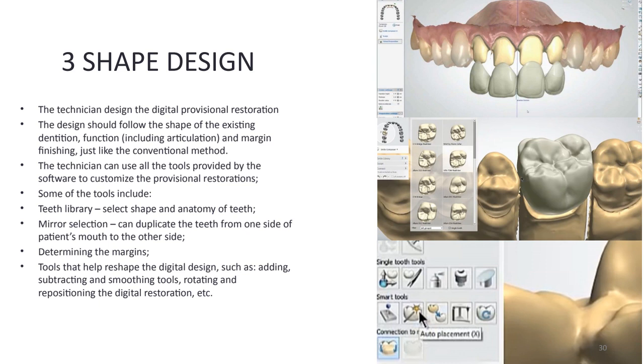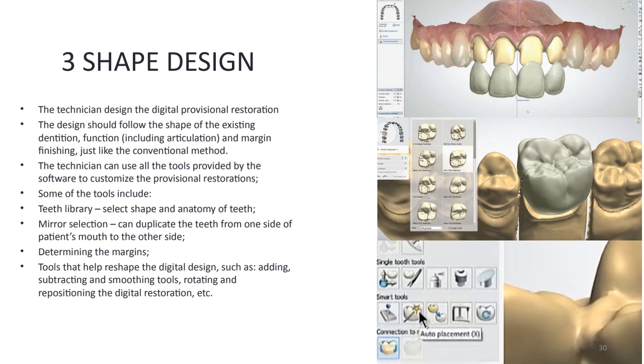Also, we have an array of tools that we can choose from to have the perfect margin, to also shape the restoration like we want in terms of the occlusal contact, mesial and distal contacts.